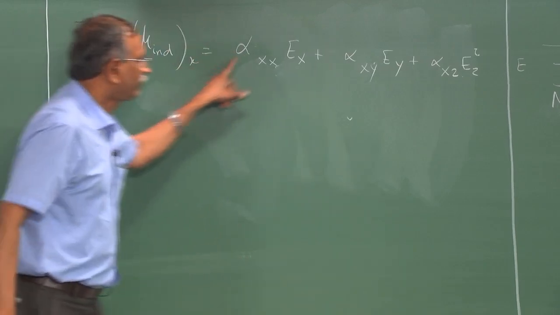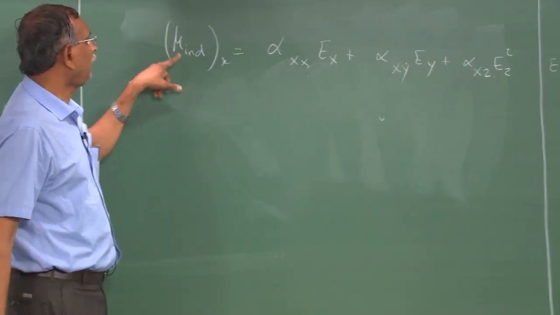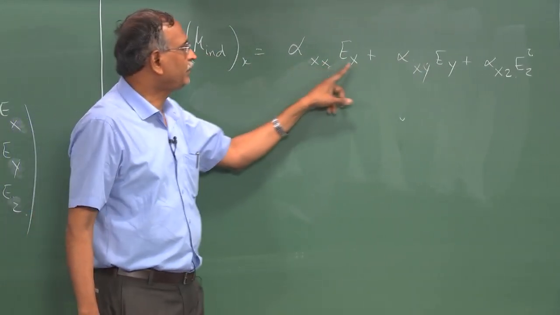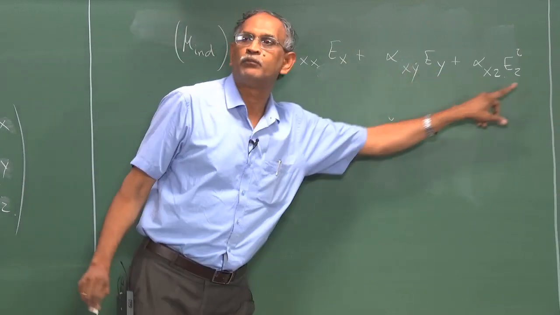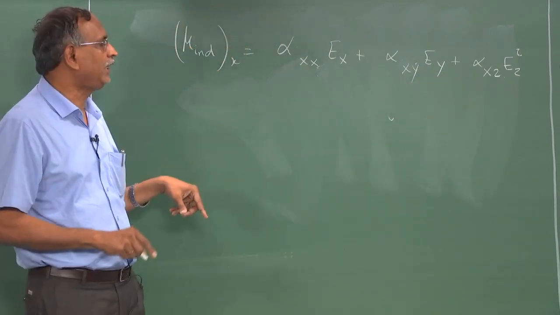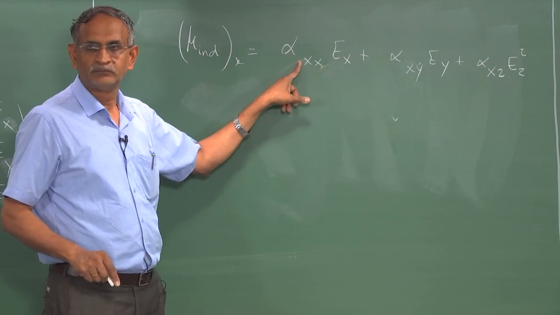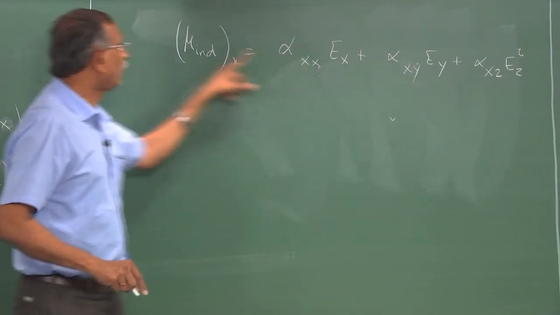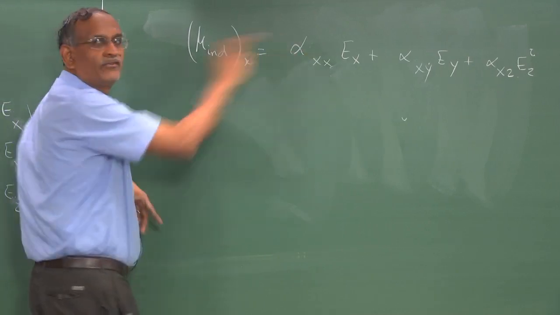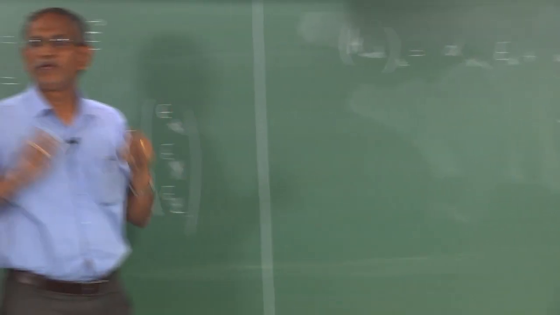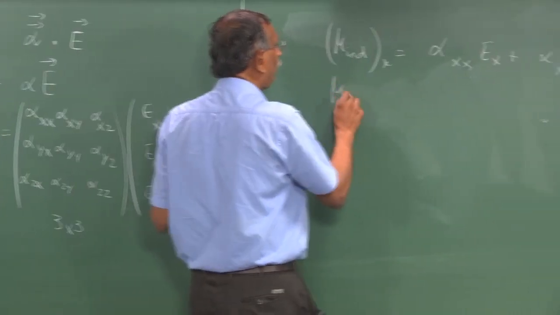Okay. This relation says that the induced dipole moment is actually a function of all the 3 components of the applied electric field, and the respective coefficients connect them to give you the total value. This is the tensorial relation. What about mu induced y?